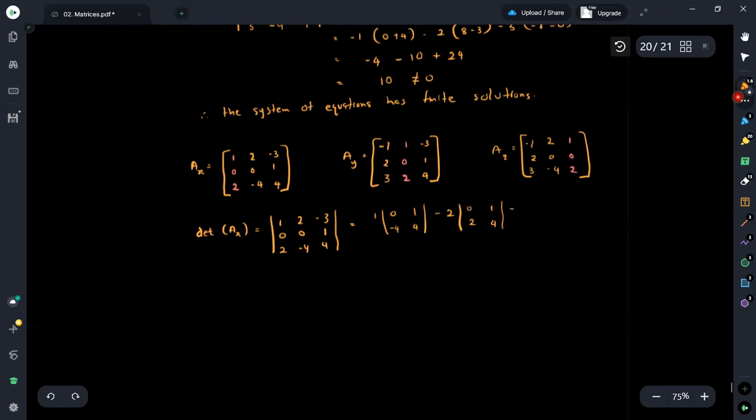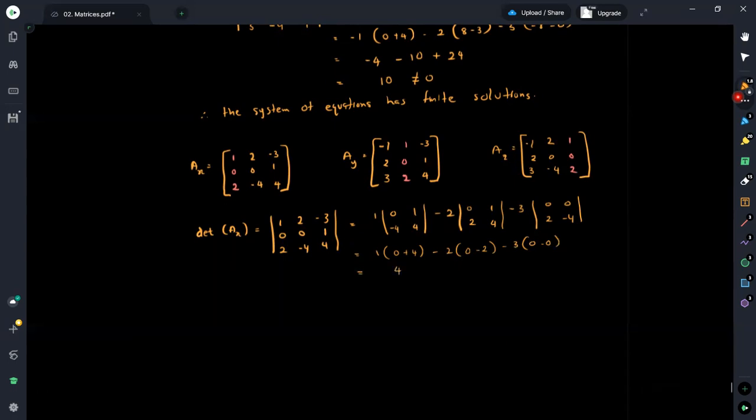Then plus minus 3 times 0, 0, 2, 1. Here we'll get 1 times 0 plus 4, minus 2 times 0 minus 2, minus 3 times 0 minus 0. Here it is minus 2 times minus 2, which becomes plus 4, minus 0, equals 8.